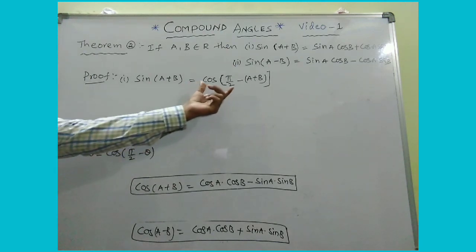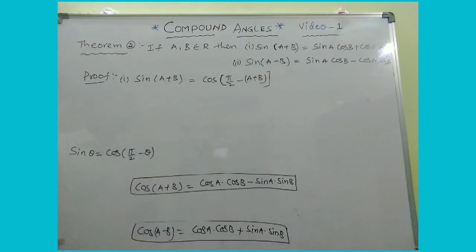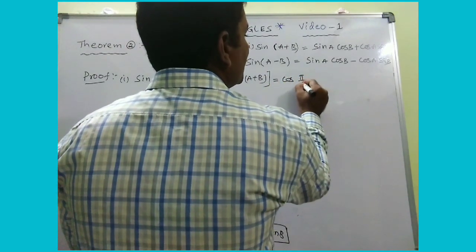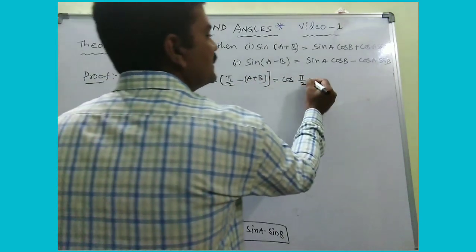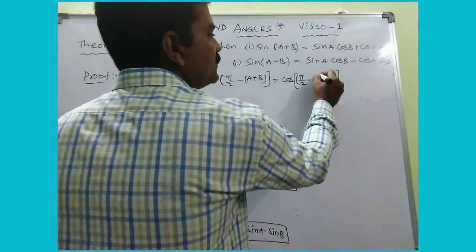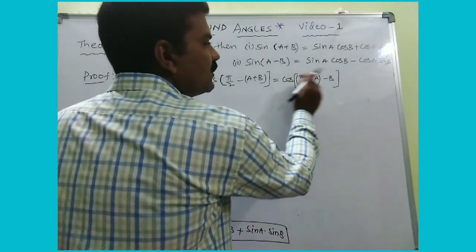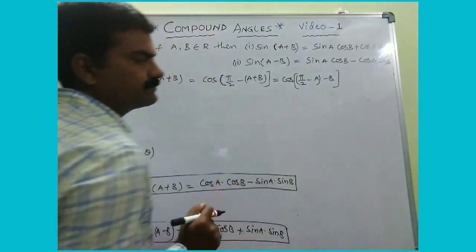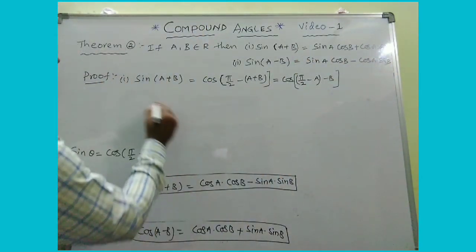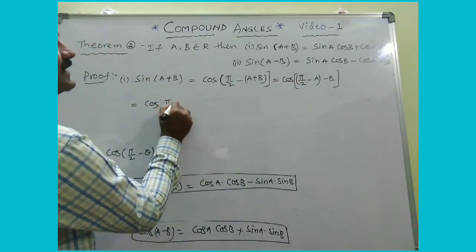The same technique I used here, and in the place of theta we have A plus B. Now I want to rearrange it like this: cos of 90 minus A minus B. For the first two terms I keep a bracket. Now you know this is like cos of A minus B. So use the formula of cos of A minus B. What is the formula? Cos A, where A means 90 minus A.